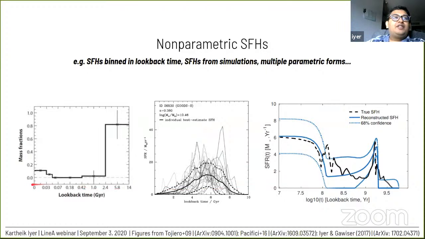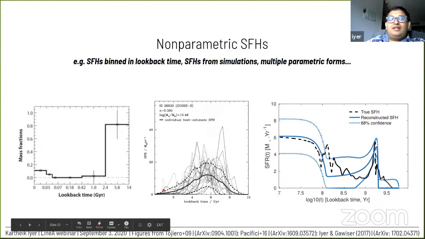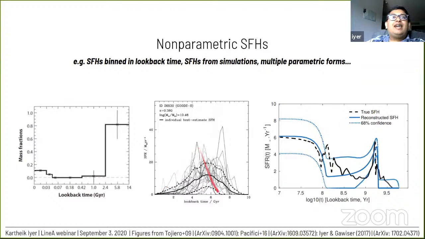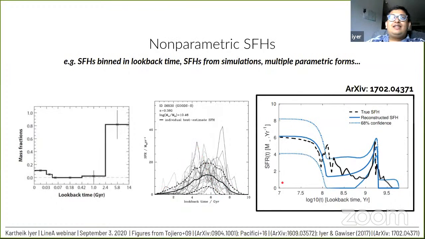One of the most popular of which is to just divide time into bins and then find the star formation rate in each bin, which lets you get a coarse estimate of what the star formation history looks like. Another way is to take star formation histories from simulations or semi-analytic models and use that as a basis to do your SED fitting with. And there's a third class of methods, which is what I'm going to be talking about.